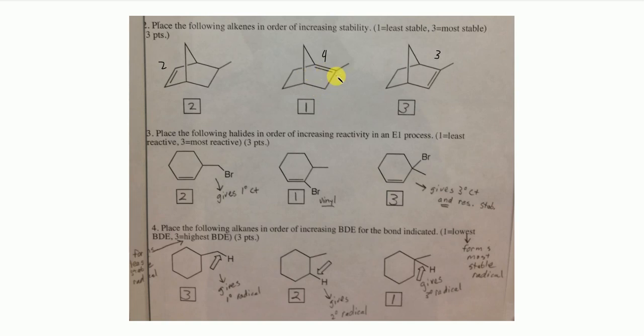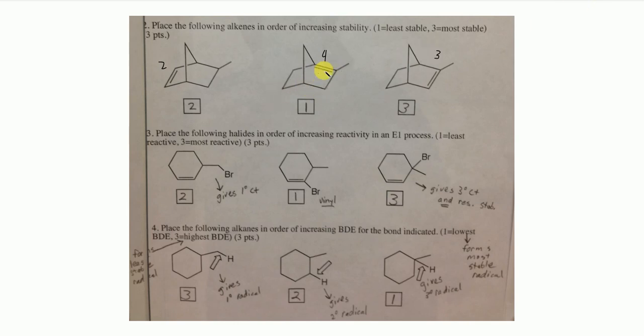So if I count all the way around the biggest ring containing this double bond carbon, I can either go around here or go up and include these. So either I trace this and count these, or I count these.